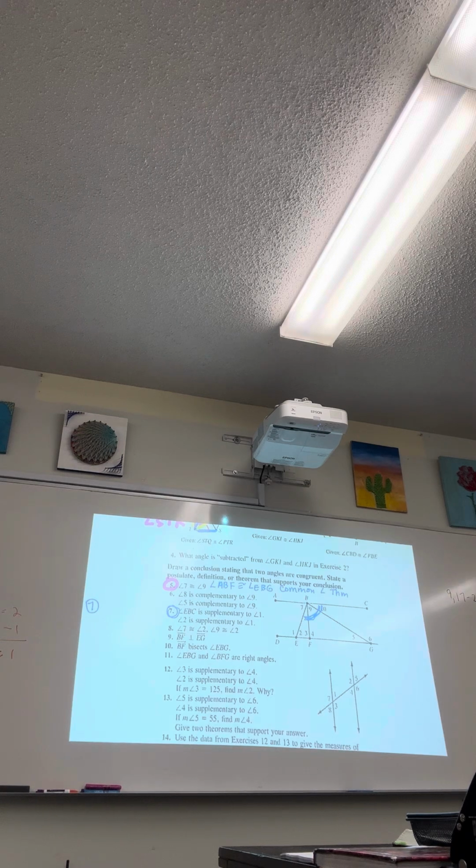Jason, do you know? Is it angle ABC is congruent to angle 2? Good job. Can you tell me the theorem that tells us this? I don't know what it's called, but if two angles are supplementary to the same angle, then those two angles are congruent. Very good. It's called the congruent supplement theorem.